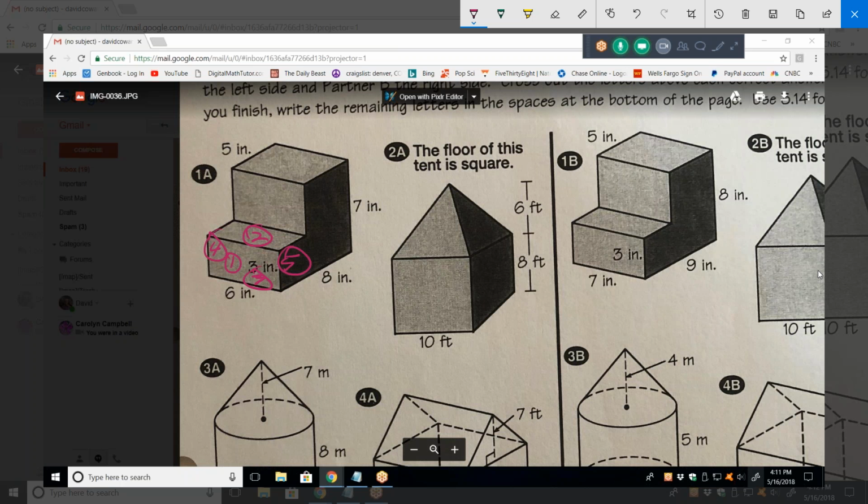What's the area of surface area 1? Wouldn't it be 6 times 3? 18. So 18. That is square inches. Surface area. Area is always in square. Okay. How about surface 2? It'd be 18 as well.